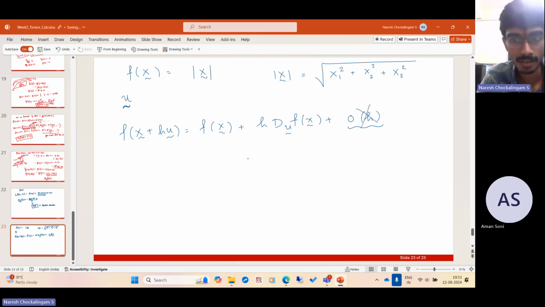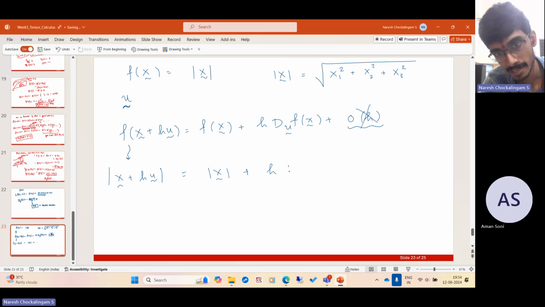You can drop these. Now let us construct this. What is this? This is basically the magnitude of x plus hu is equal to the magnitude of x plus h times the directional derivative of f of x in the direction u.